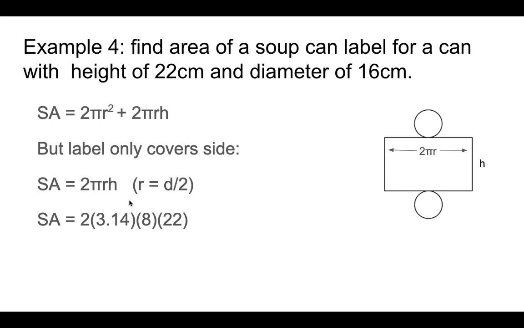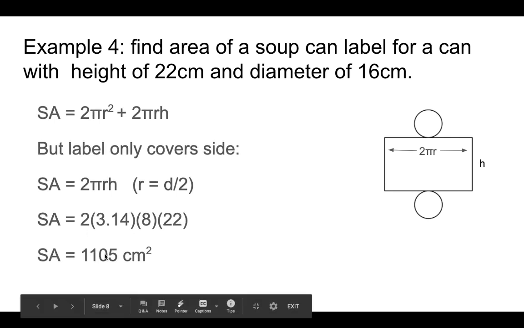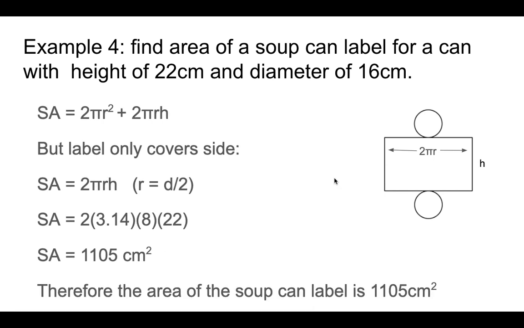Our radius is 8 because we had to divide 16 by 2 to get our radius. And then our height, we're told, is 22. So now we can put those into our calculator, multiplying all of them together. You should get 1,105 centimeters squared. Okay. So therefore, because this is a word problem, the area of the soup can label is 1,105 centimeters squared.